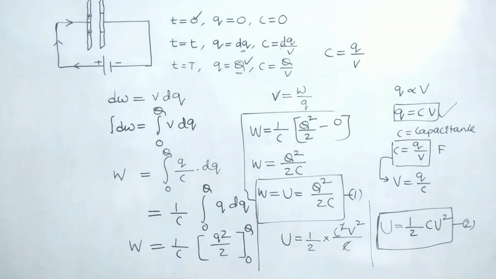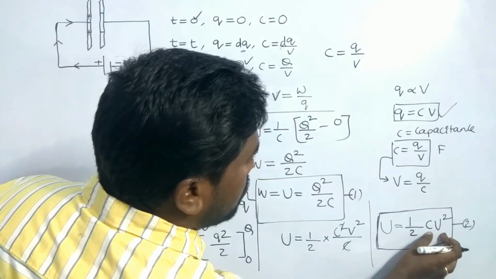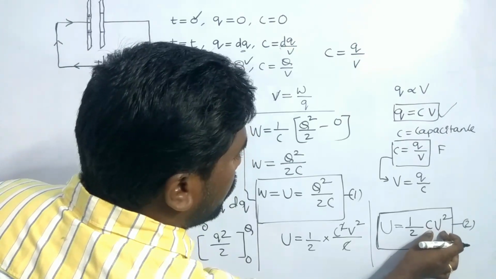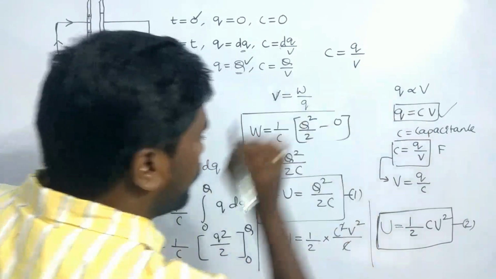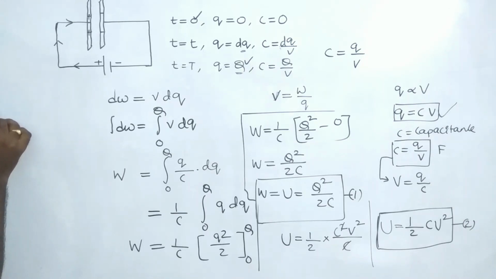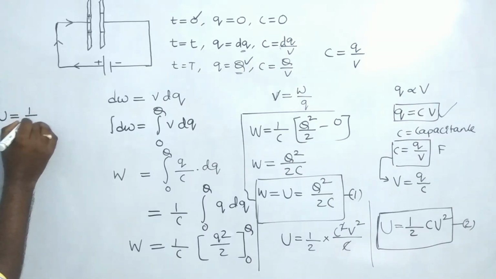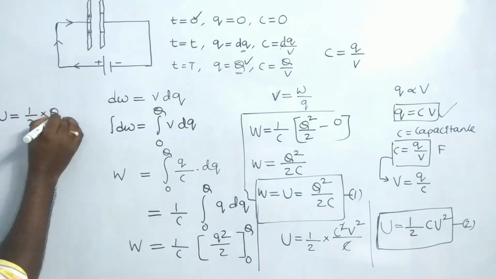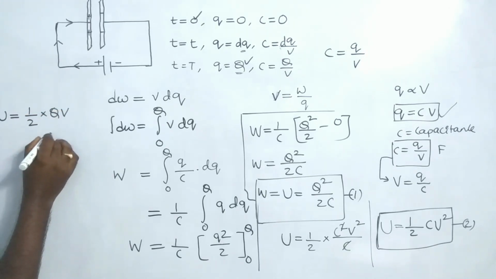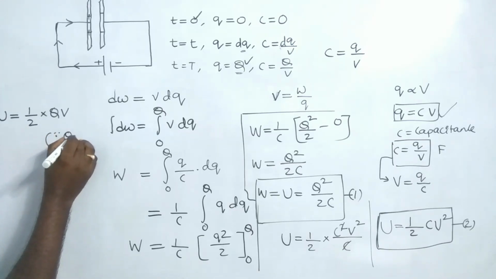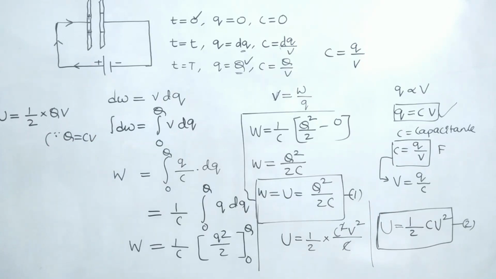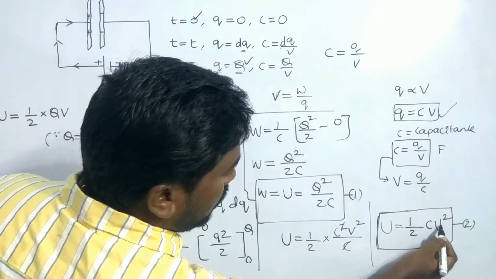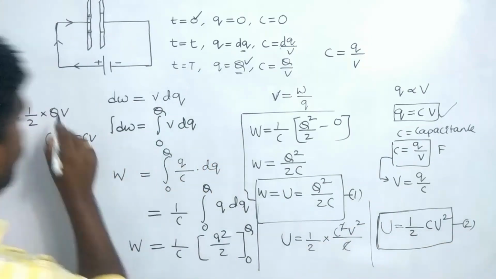Okay, and here from CV you need to substitute the value of Q. Therefore, from equation 2 you can write that U is equal to 1 by 2 into QV, since Q is equal to CV, where C into V is the Q, and the remaining V gives QV.